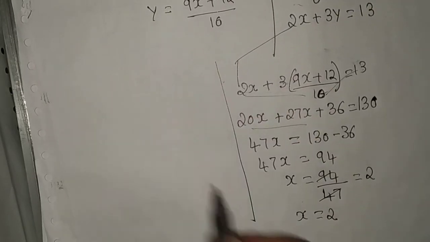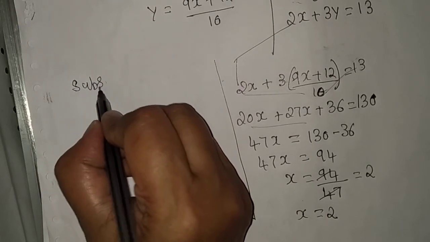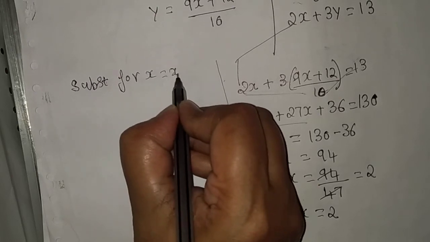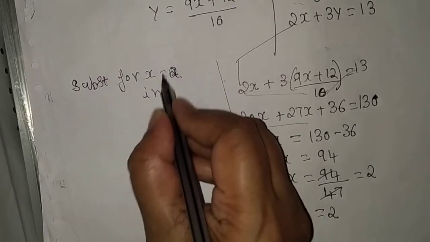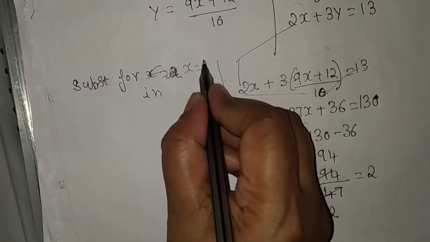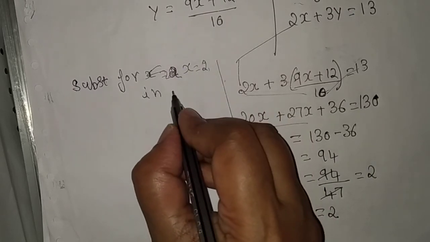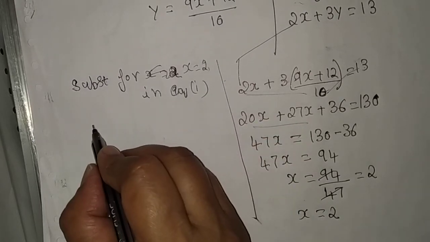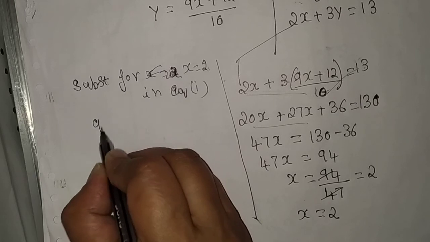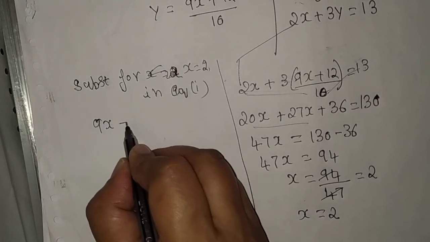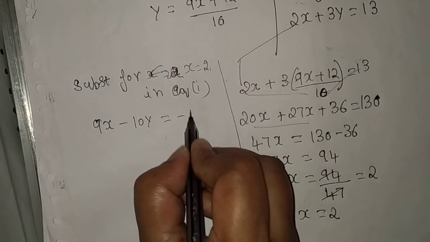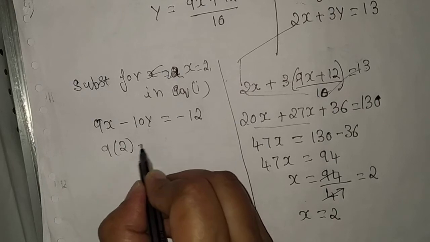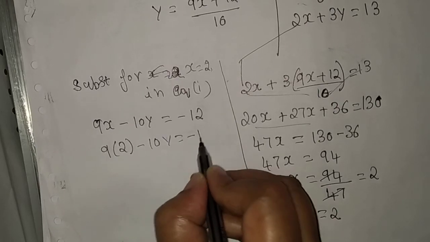So now after getting this, substitute x is equal to 2 in equation 1, the simplified form 9x minus 10y is equal to minus 12. So 9 into 2 minus 10y is equal to minus 12.